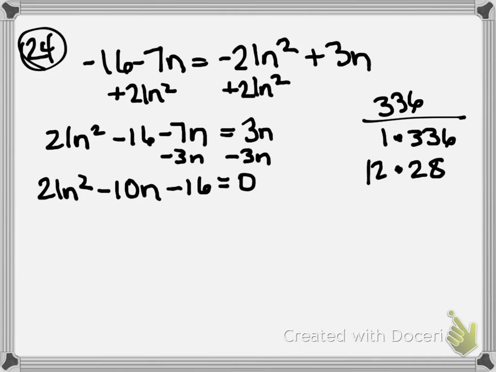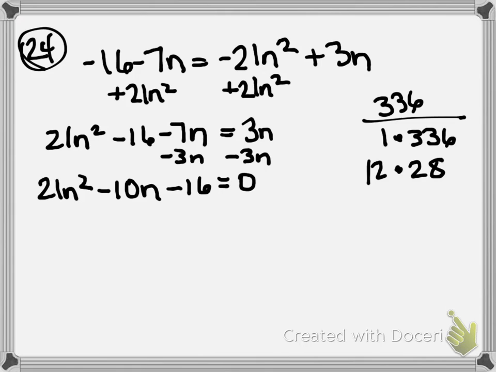With 12 and 28, we could get to 16 or 40. It's still not going to get us to a negative 10. So this has to get bigger, and this has to get smaller. All right, so now what I'm going to do is I'm going to say 336 divided by 27.